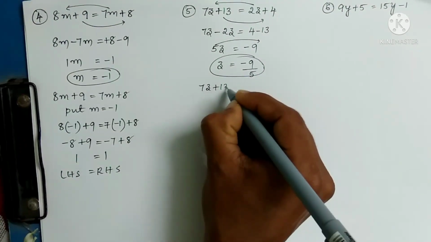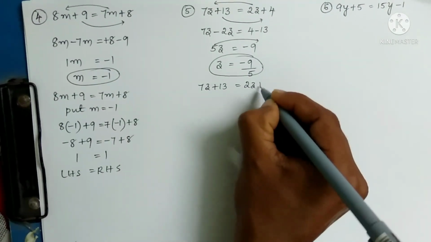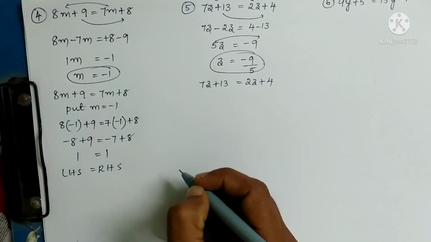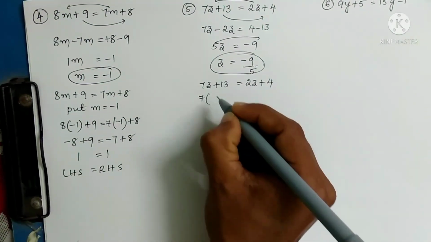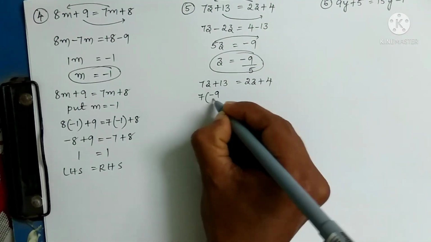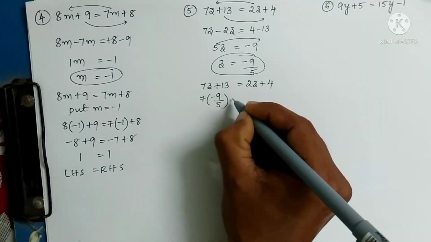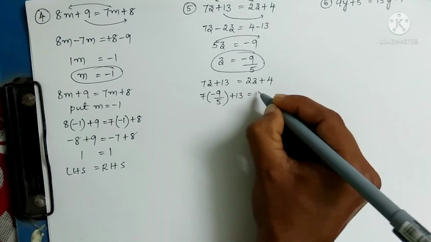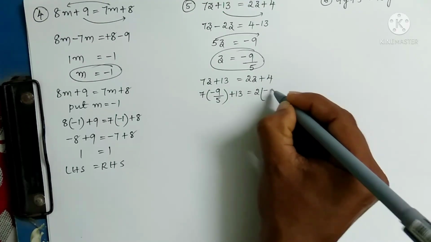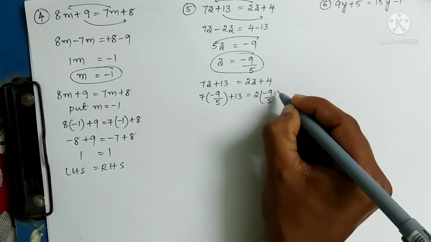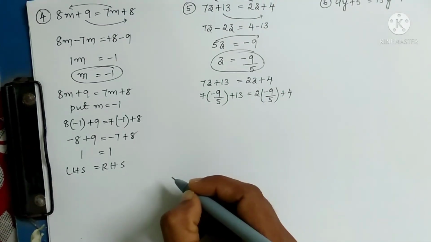7z plus 13 is equal to 2z plus 4. 7 into the z value, minus 9 by 5, plus 13 as it is, which is equal to 2 into minus 9 by 5 plus 4.